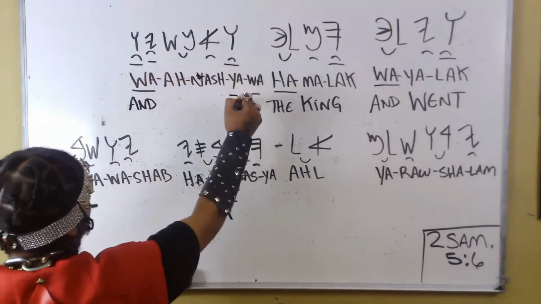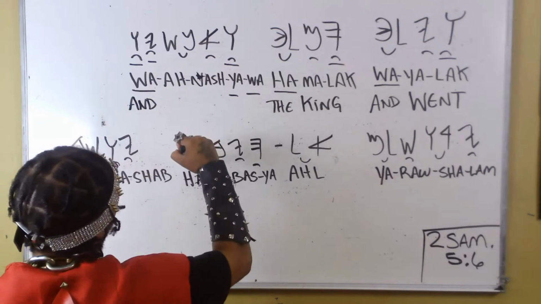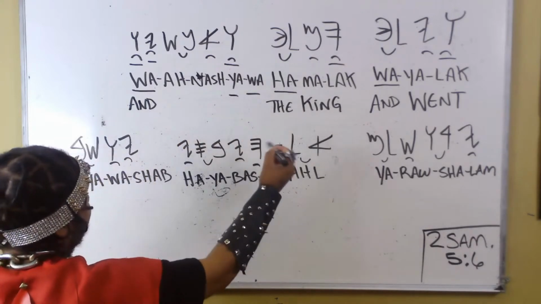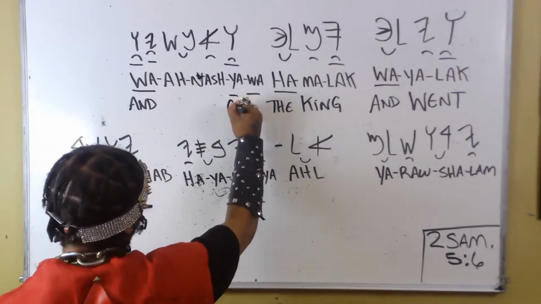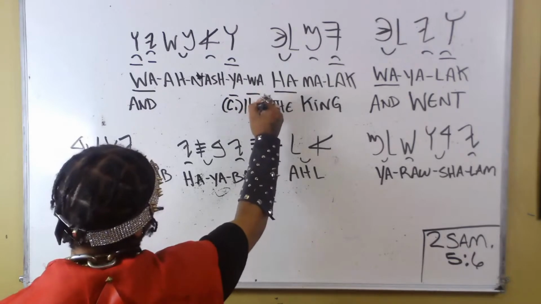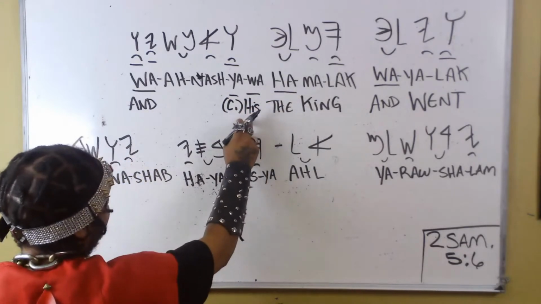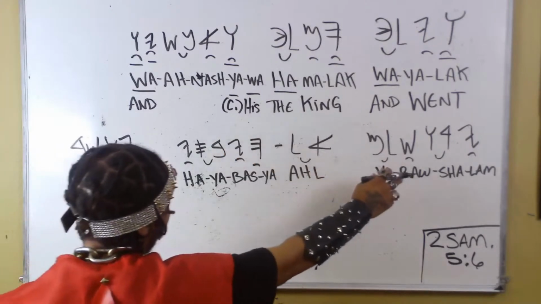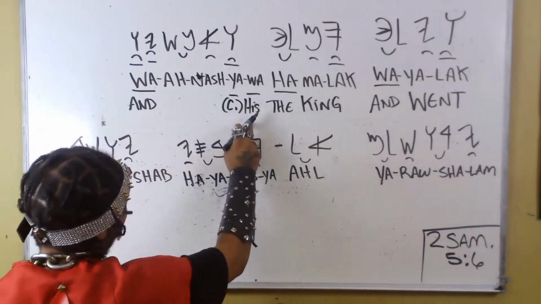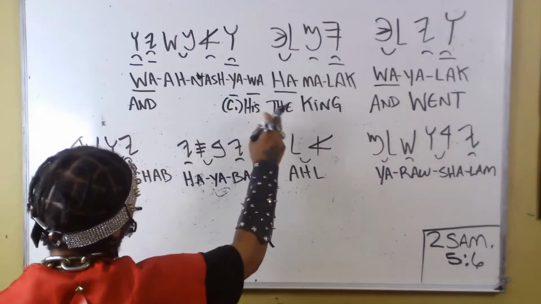Yah could be a connector for the y at the end, which is his. I want you to see there, it's a connector, but this is his. Y at the end is him or his. So I doubt it's saying and went the king and something him.